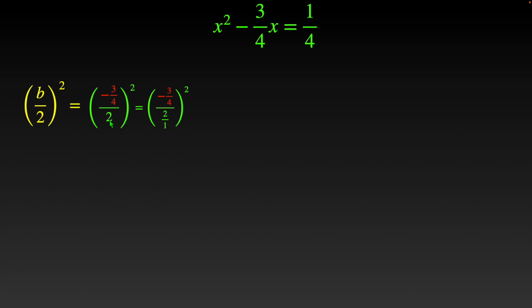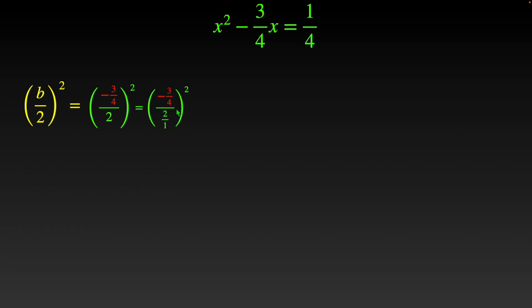Notice that 2, we can write it as 2 over 1. 2 divided by 1 is 2. What we want to do is simplify whatever is inside the parentheses. And how do we do that? We'll use the keep, change, flip method, which says keep the first fraction as is. So keep negative 3 over 4 as is.